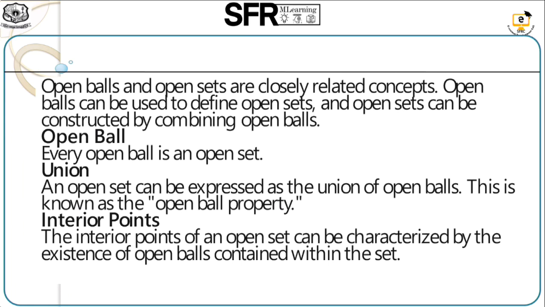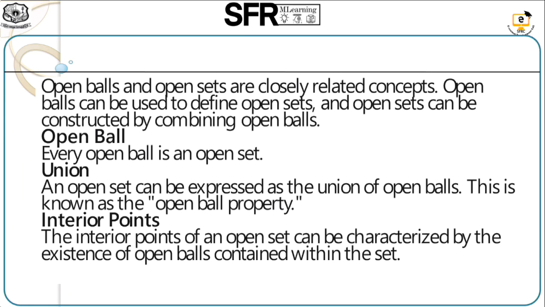So first, we take B(a, r) to be an open ball in M. Then take a point x belonging to B(a, r). Suppose the distance d(a, x) is less than r, then r minus d(a, x) is greater than 0. Let r1 equal r minus d(a, x).